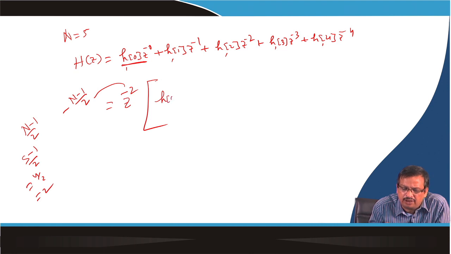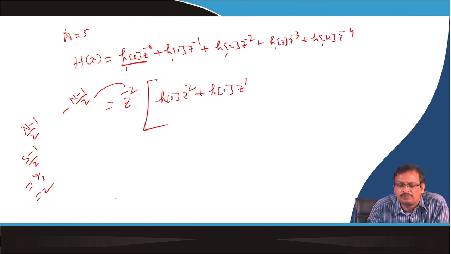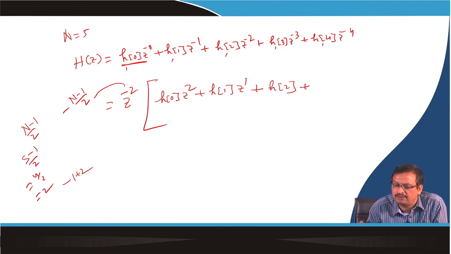So I can say H0 into z to the power 2 plus H1 into z to the power 1, plus H2, z is already taken out, plus H3 into z to the power minus 1 plus H4 into z to the power minus 2.